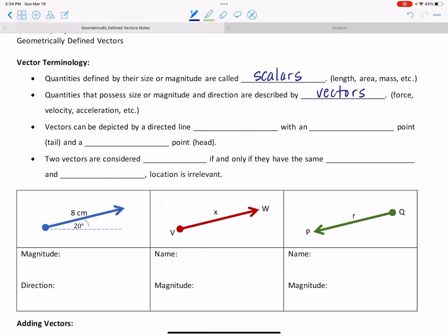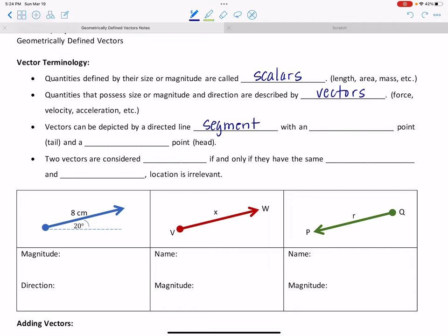Okay, so when we're trying to depict these, there's a geometric way to do this. There's also an algebraic way to do this, which we'll talk about in the next topic. But geometrically, what we're looking at when we're depicting vectors are directed line segments. And so you see an example here of a directed line segment.